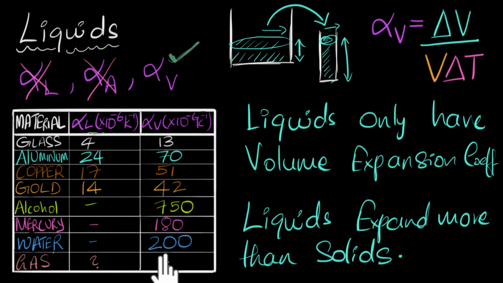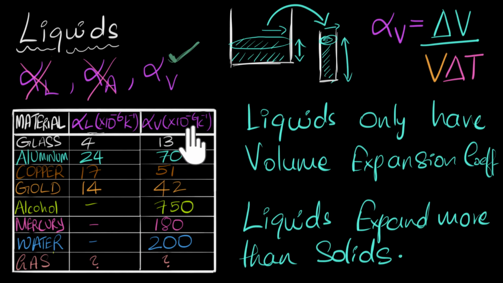Alright, so let's look at water, for example. It tells us the expansion coefficient is 200 times 10 to the minus 6 Kelvin inverse. What does that mean? What that means is if you take, say, 1 liter of water, visualize this, and you increase its temperature by 1 Kelvin, that's why the per Kelvin, then the delta V, the change in volume, would be 200 times 10 power minus 6 liters.